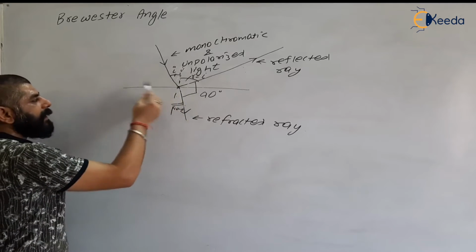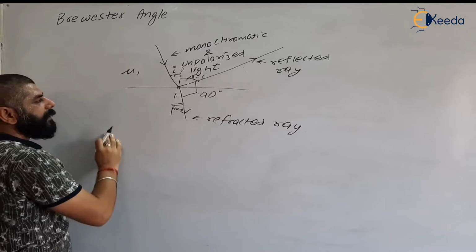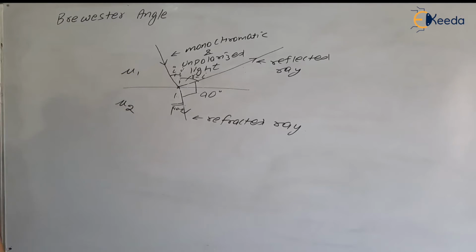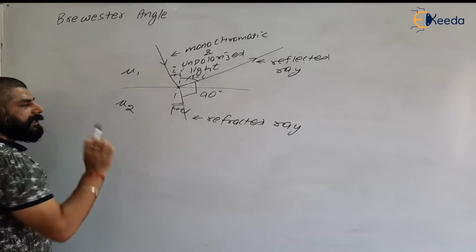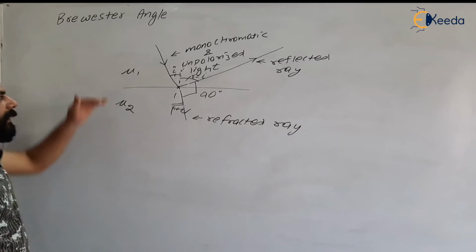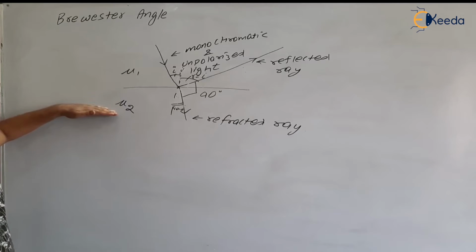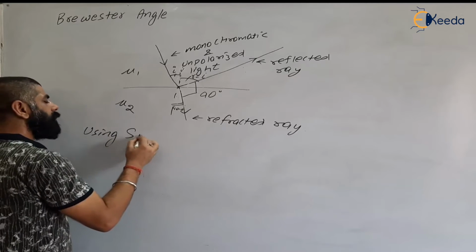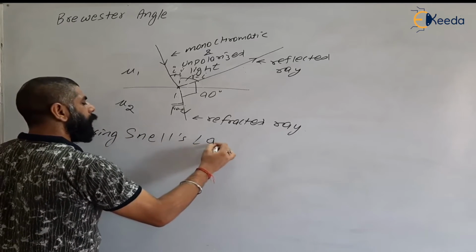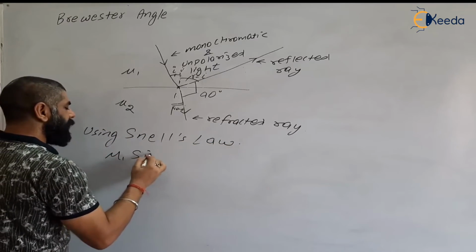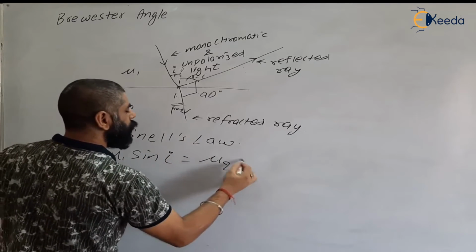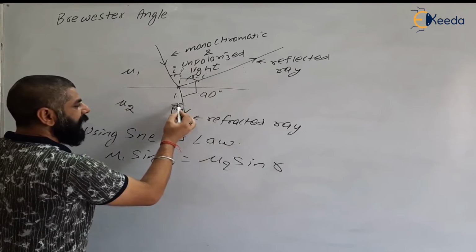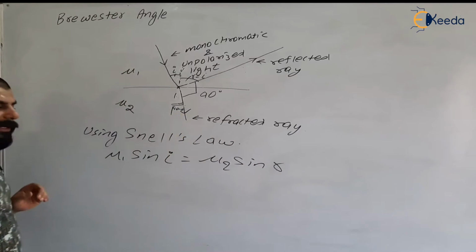Now at this point, using Snell's law, suppose this is medium 1 having refractive index mu 1 and this is medium 2 having refractive index mu 2. Using Snell's law, mu 1 sin I equals mu 2 sin R, where R is the angle of refraction and I is the angle of incidence.